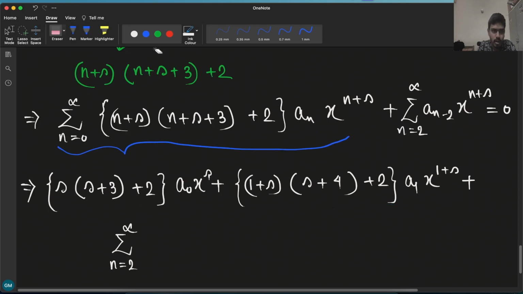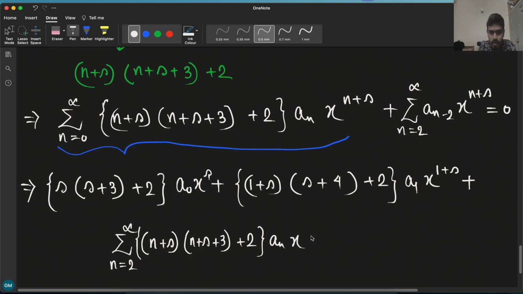Then all the other terms start from n equals 2: n plus s times n plus s plus 3 plus 2, times a_n x to the power n plus s. These are lengthy problems, so I will ask you to do it along with me. In that case it will not be boring.